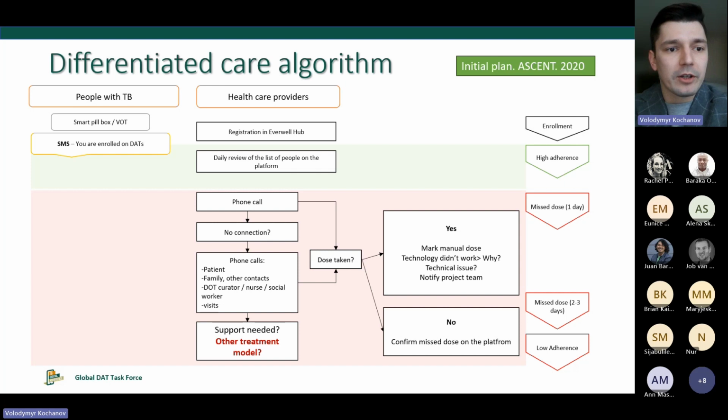From the very beginning, we decided not to include the SMS function in the differentiated care algorithm because of confidentiality issues and because of the assessment previously done under TB Reach, when we talked to more than 100 patients, and most of them expressed their opinion that they were not willing to receive hundreds of SMS notifications every day, because with digitalization and the use of technologies by different manufacturers and advertisements, we receive so many SMS notifications daily.